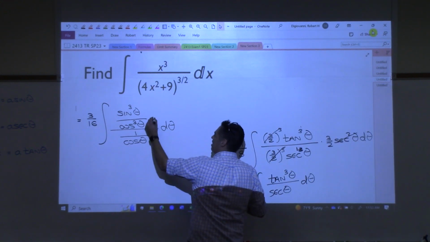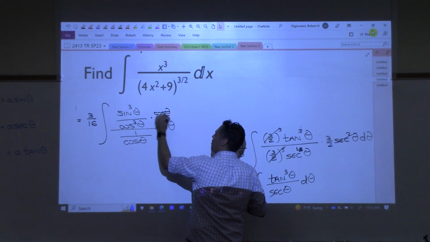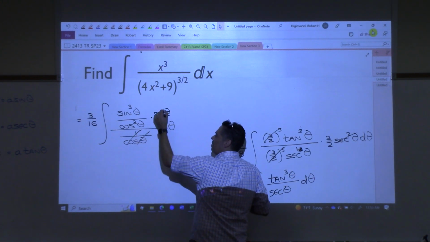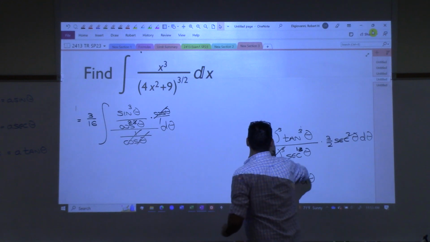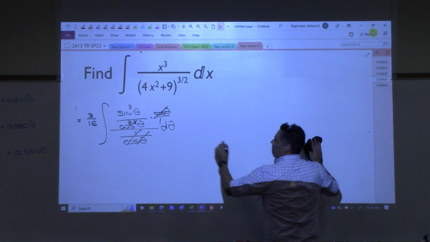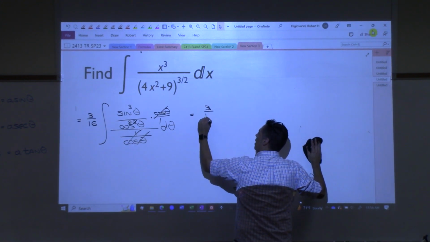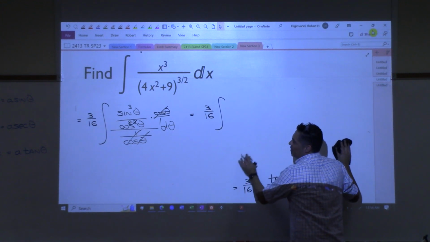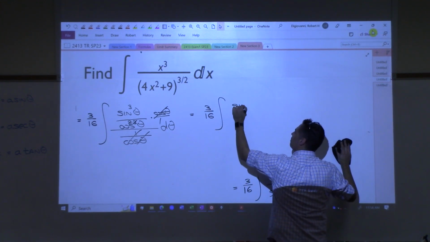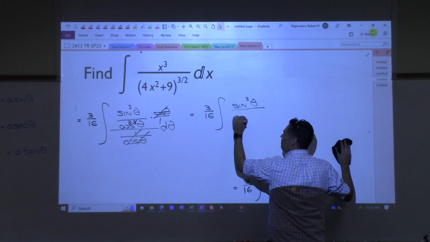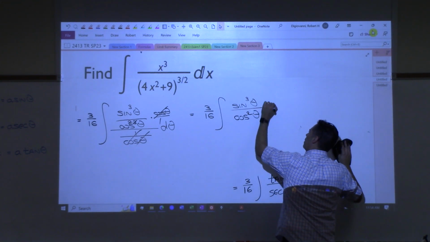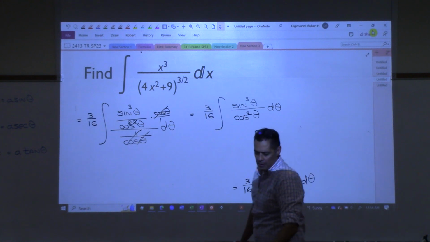So this flips up, cosine theta over 1, right? That's what happens there. One of the cosines goes away. Okay, so we have on top sine cubed, on the bottom we have cosine squared, d theta. All right, that's where we are now.